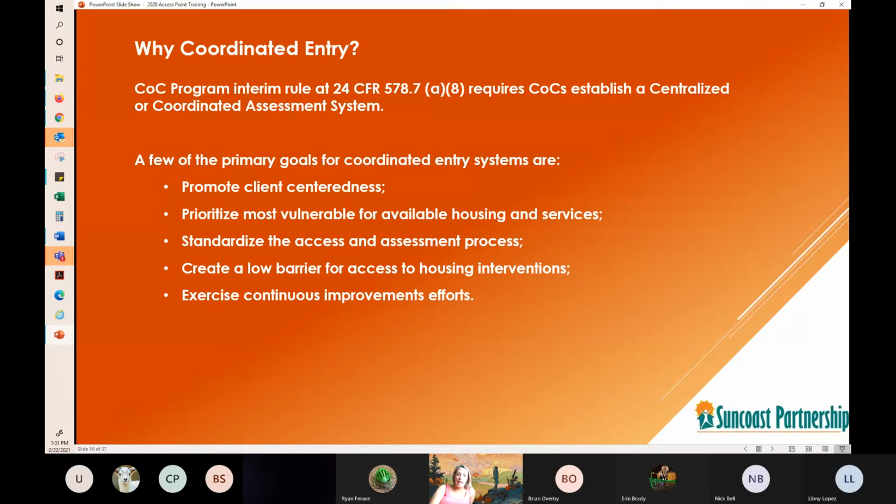It also standardized the access and assessment process. We want to make sure that every access point is conducting the assessment in a very similar manner. Of course, if I ask a question one way, it's assumed that the same question can be asked by somebody else, but it may be interpreted a different way.